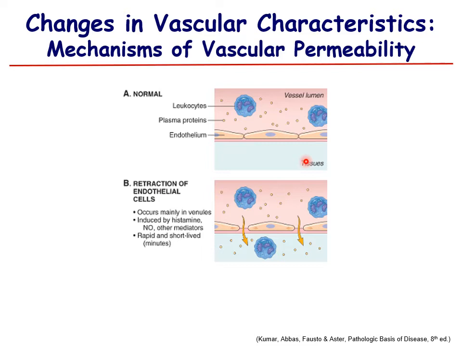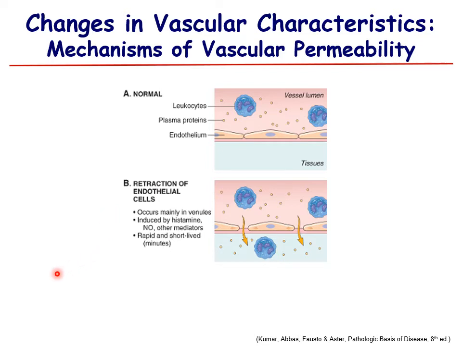The first mechanism of increasing vascular permeability is due to retraction or constriction of vascular endothelial cells. In other words, vascular endothelial cells contract and therefore it creates increased space. This contraction or retraction is induced by histamine and nitric oxide and other mediators. This contraction is very rapid and short-lived, within ranges of minutes, and it occurs mainly in the venules.